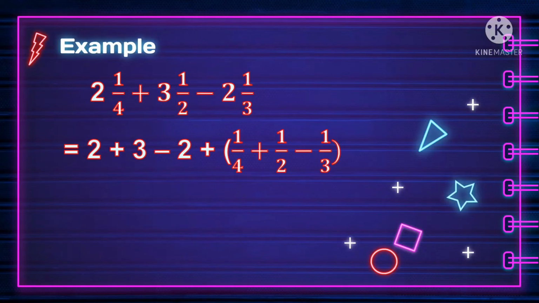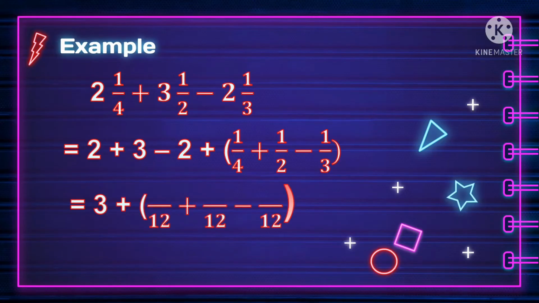Okay, so perform the operations: 2 plus 3, 5 minus 2, that is 3. Plus, since ang ating mga fractional parts ay dissimilar fractions, we need to change this into equivalent fractions by finding their LCD. So the LCD of 4, 2, and 3 ay 12.